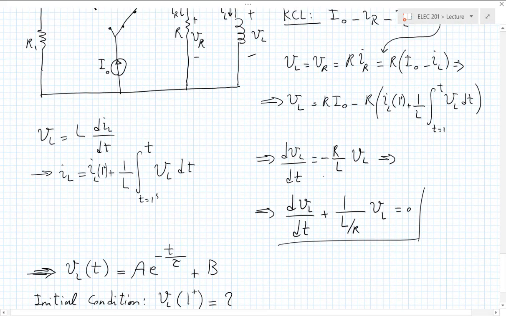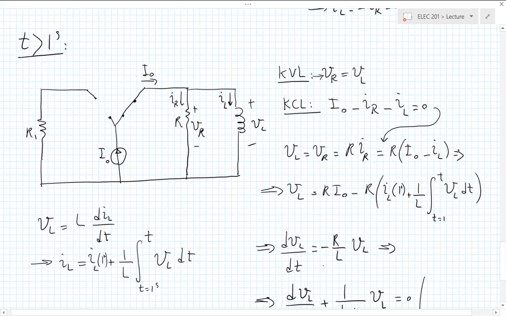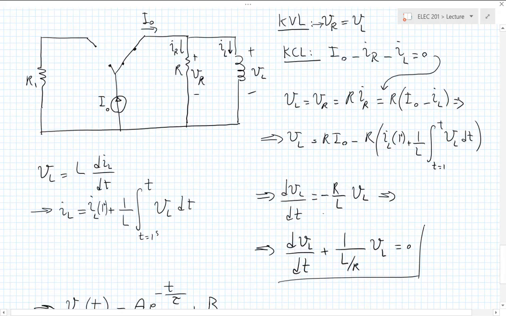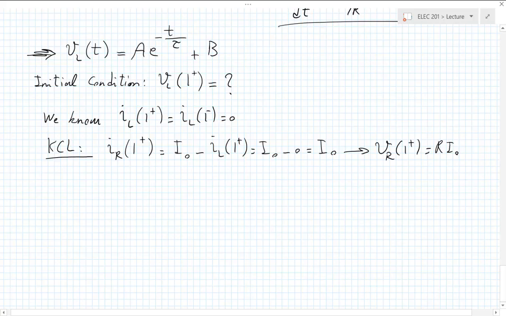But we know that the inductor and the resistor are sharing the same voltage because of a simple KVL up there. So VL at that point is simply the same. And so we have that initial condition. So we can say R I naught equals A e to the minus t over tau plus B.